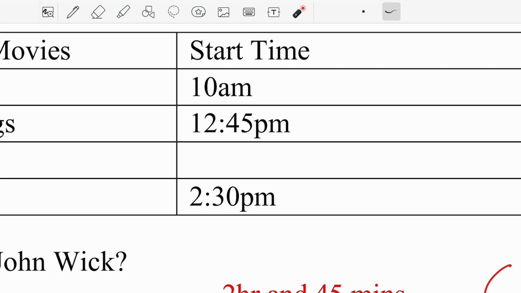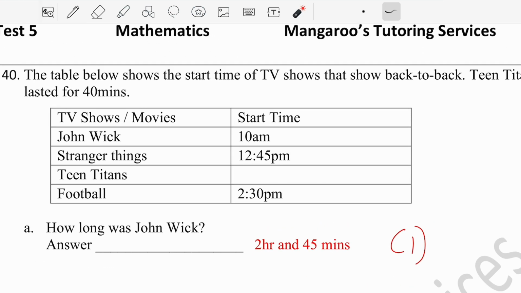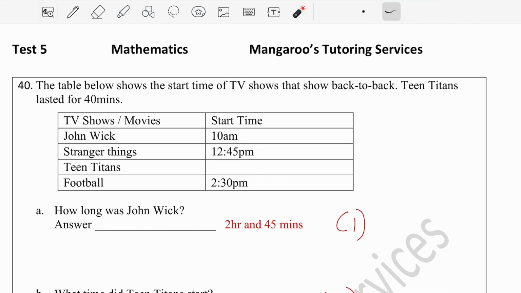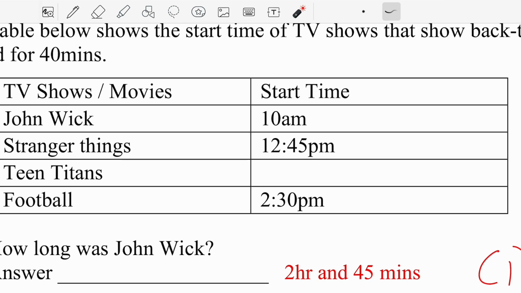So they didn't give us any information here. Now what we can observe is that they gave us a start time for the different movies, but they didn't give us the end time. They also told us that the shows air back to back. So it means that the time that one movie ends is the time that the other movie starts.